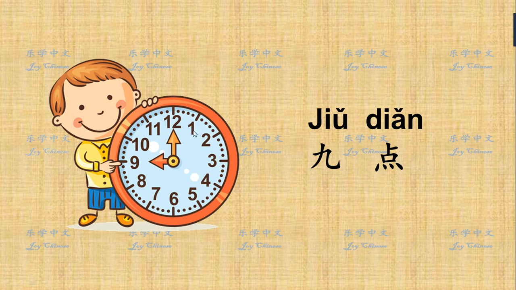For example, 1 o'clock is 1点. For 2 o'clock, usually people say 2点. As I mentioned, that 2 means 2. It's more oral language. 3 o'clock, 3点. Just put the number in front of 点.